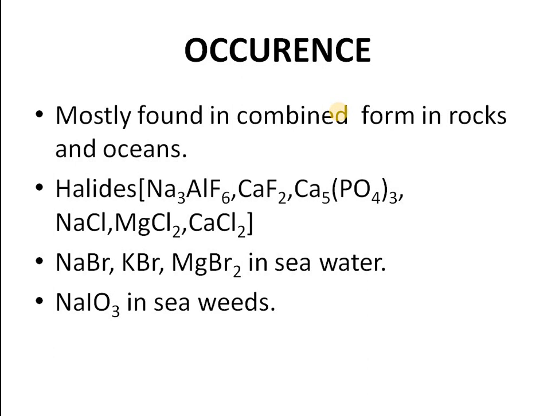In regard to occurrence in nature, they are very reactive, so they are found in the combined state. They are found in the oceans as well as rocks in the form of halides, oxides and iodides. For example, Na3AlF6, which you might have studied in 10th class also, is cryolite, an ore of aluminium.